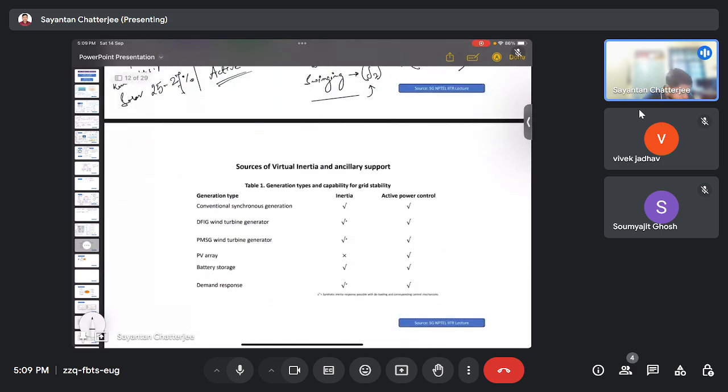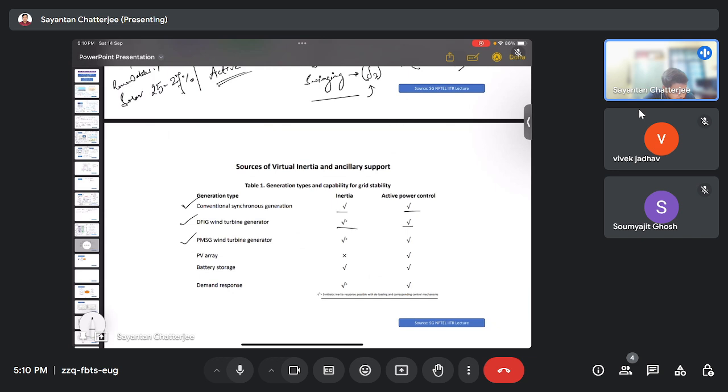So here you can see which equipment can take part in inertia as well as active power control. Synchronous generator definitely takes part. DFIG takes part in active power and deloading and corresponding mechanisms. So synthetic inertia response is possible with deloading and corresponding control mechanisms.